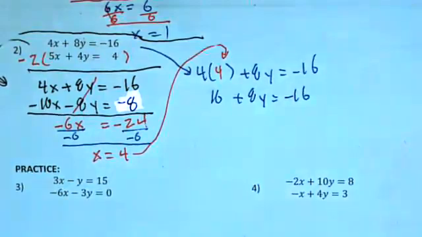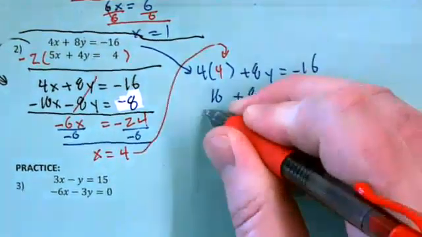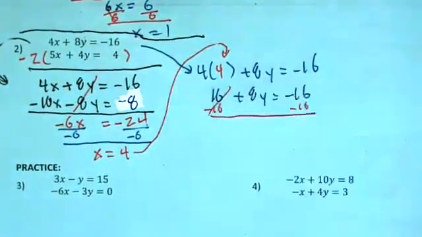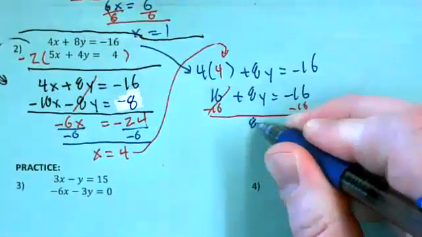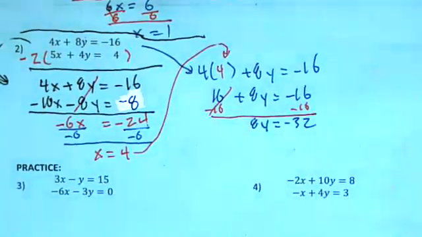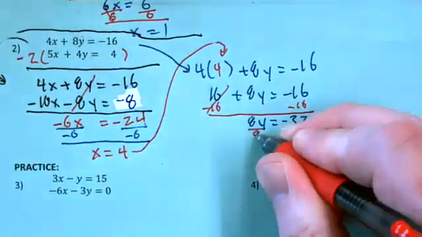And then we'll solve this to get y by itself. So -16 both sides. And then divide by 8 on both sides.